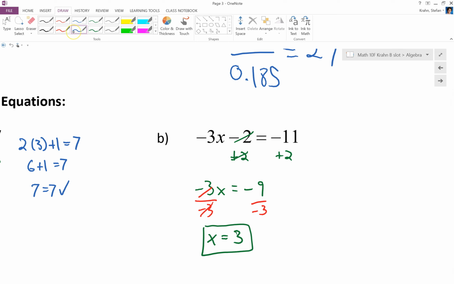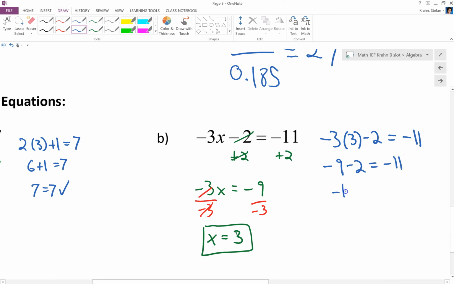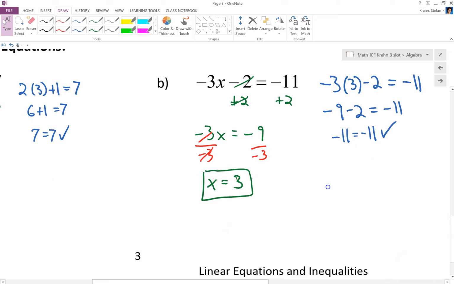And then once again, you can always check your work on these, which is kind of handy. Minus 3 times 3 minus 2 equals negative 11. Negative 3 times 3 is minus 9. And when I simplify it, minus 11 equals minus 11, which is good.